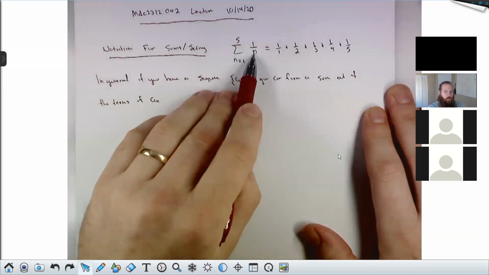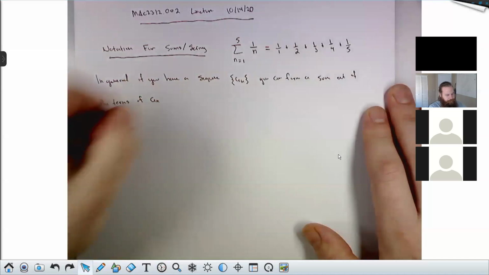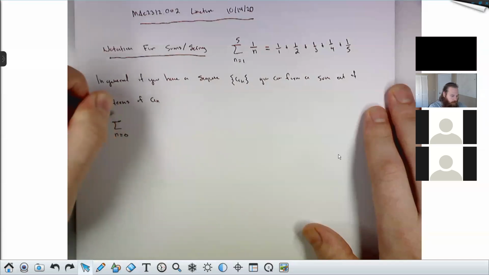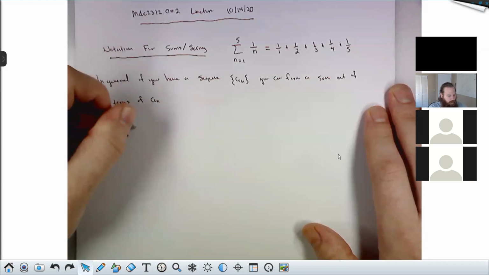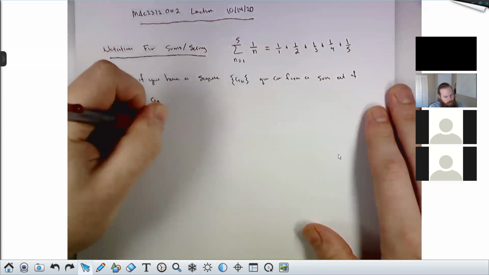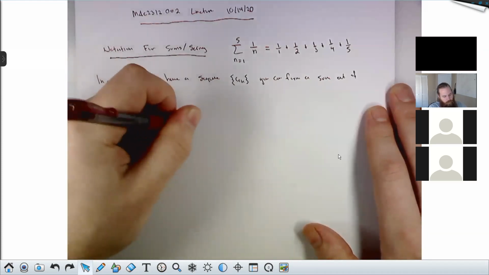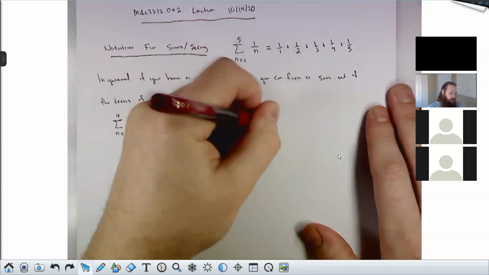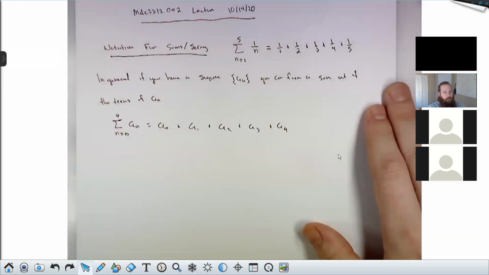So like here, a_n would be 1 over n. And in general, I could look at the sum from maybe 0 up to wherever you wanted, like 4 of a_n, and that would be a_0 plus a_1 plus a_2 plus a_3 plus a_4.